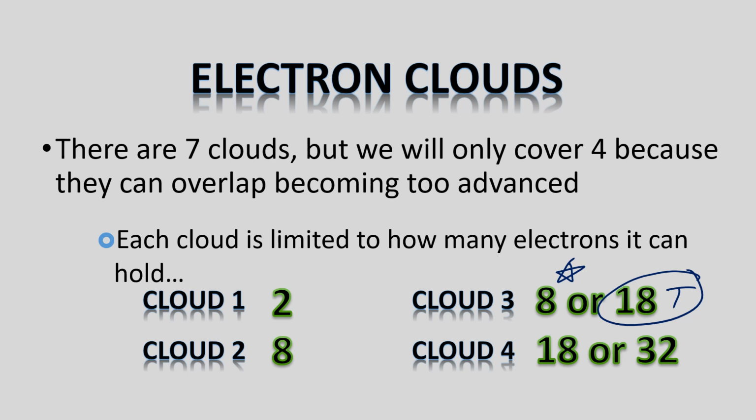And cloud 4 can hold 18 or 32. And this 32, once again, is the transition metal. And so 2, 8, 8, 18. We're going to call this our simplified model, our simplified valence electron configuration.